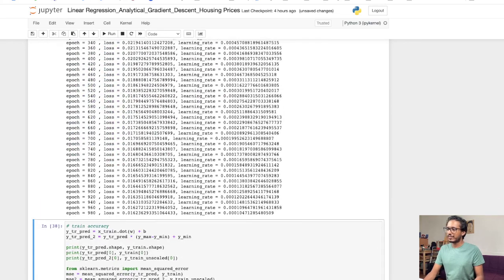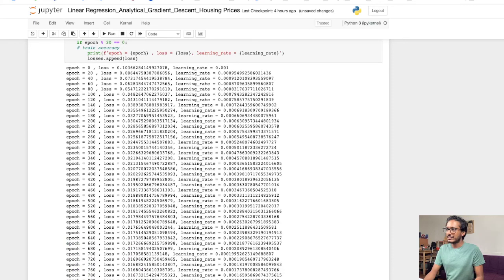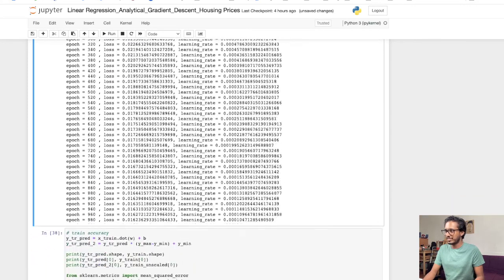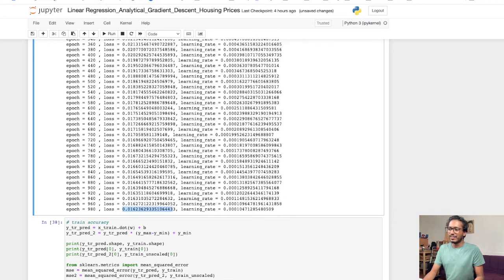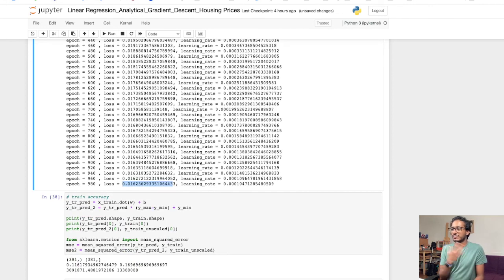So you can see that the error started at 0.1 and it reduces, but it doesn't reduce far enough, right? So this is what I meant by needing to calculate hyperparameters such as the learning rate empirically sometimes.